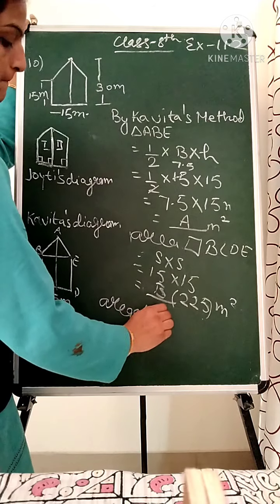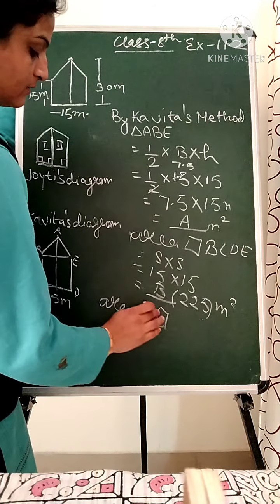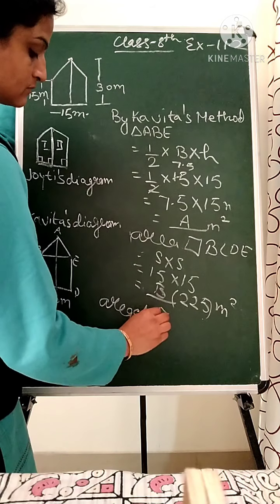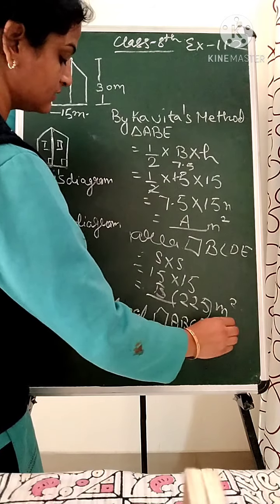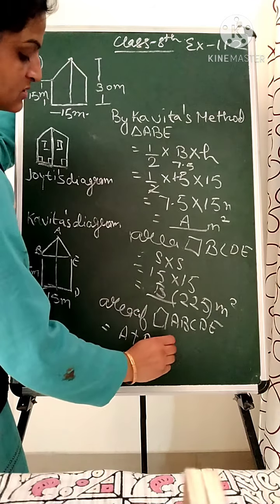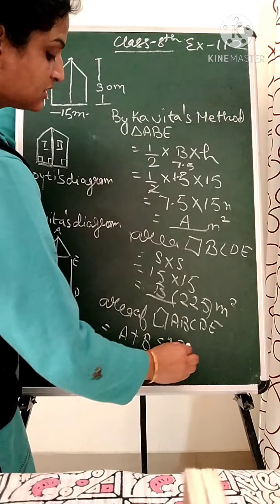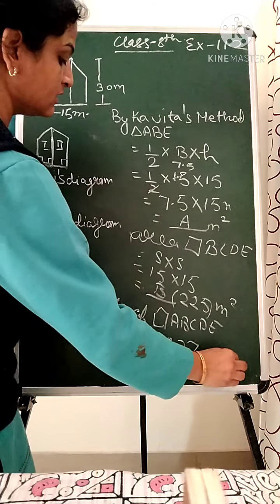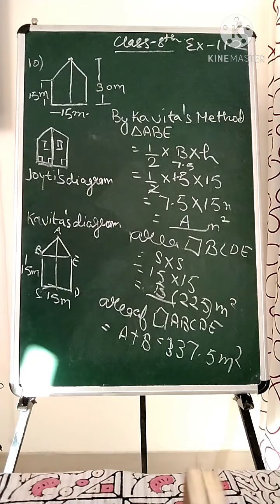Area of pentagon ABCDE is A plus B. Solve this calculation, you get 337.5 meter square. Clear? If you have any doubt, then please tell me.